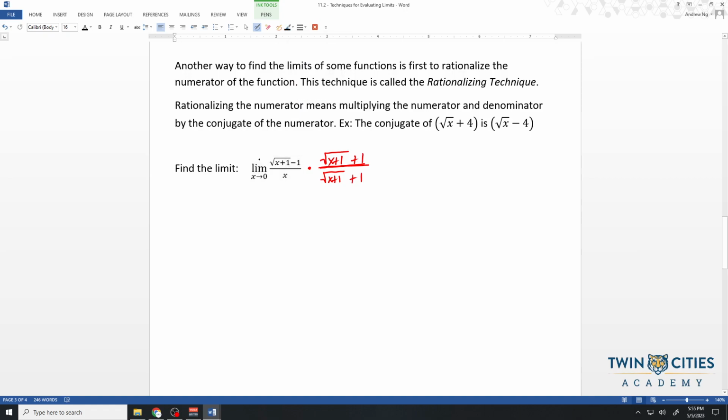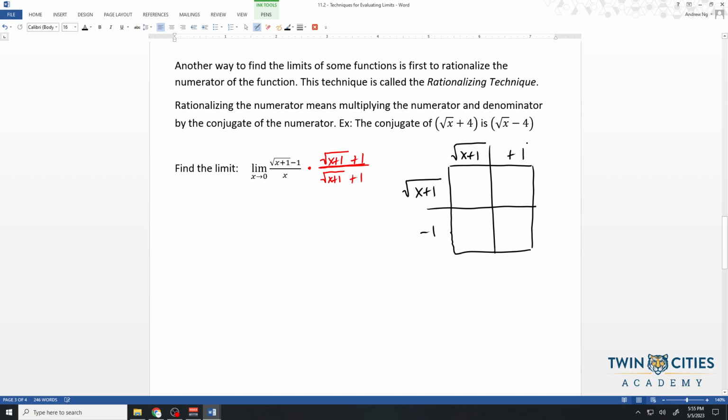Okay, for the top, let's do a box here. All right, so this will be the square root of x plus 1, and then minus 1 times the square root of x plus 1 plus 1. Here, for the first cell, I've got the square root of x plus 1 squared.